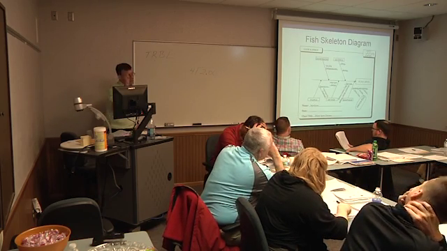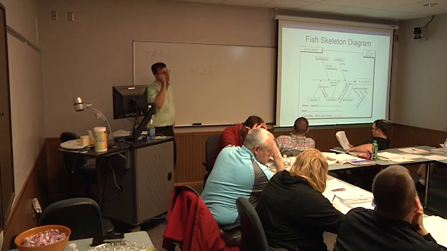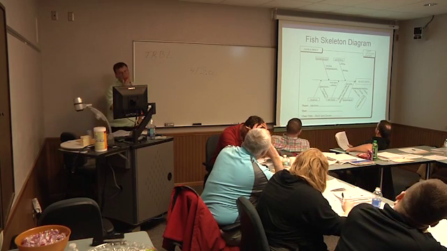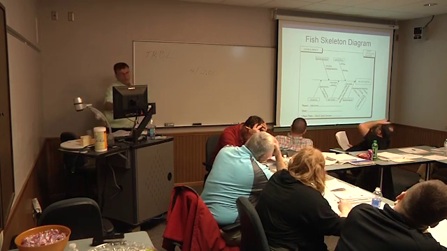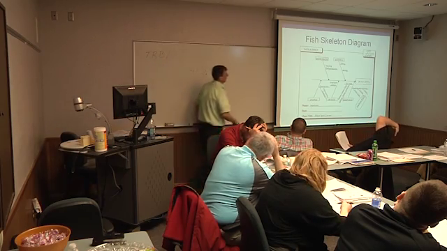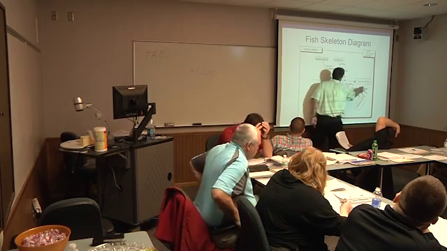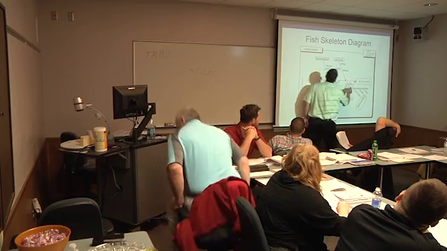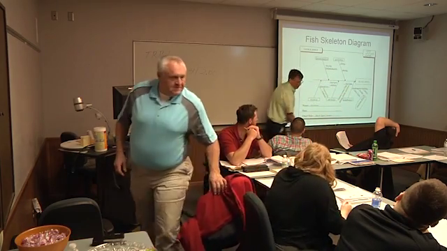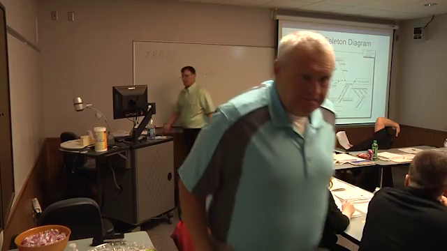A fish skeleton diagram, this is sort of a brainstorming issue. The thing is, you can see here, it looks like a fish skeleton. This is your main problem, and let me go back to my PowerPoint.